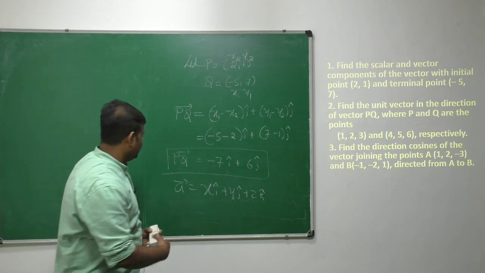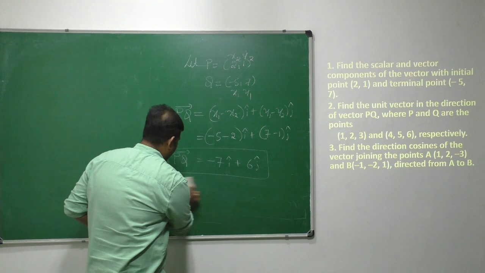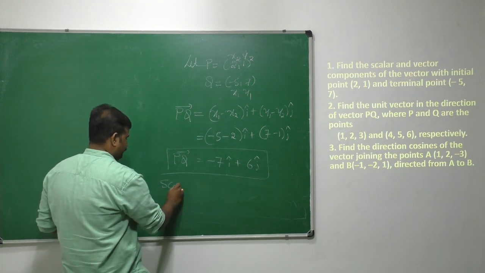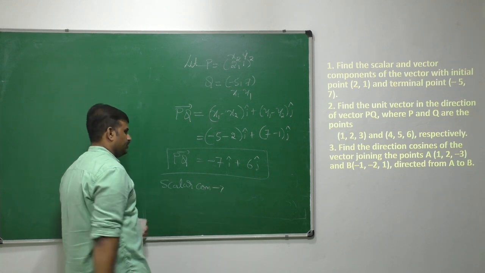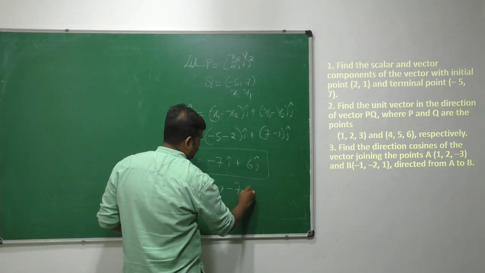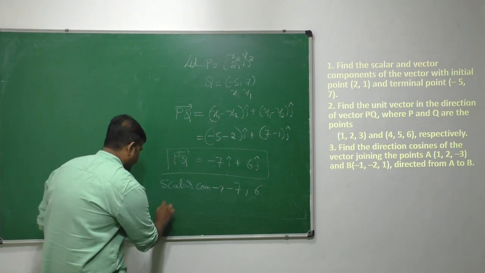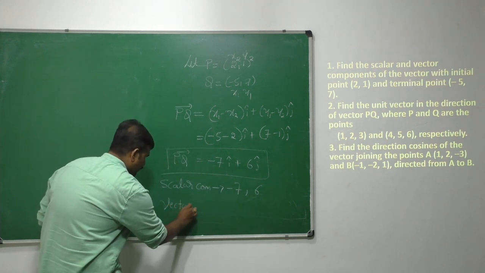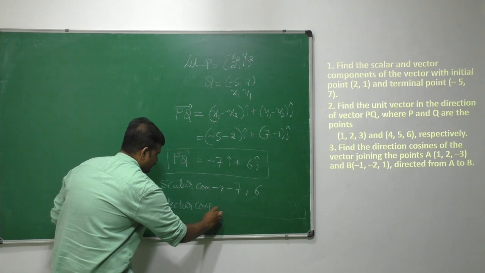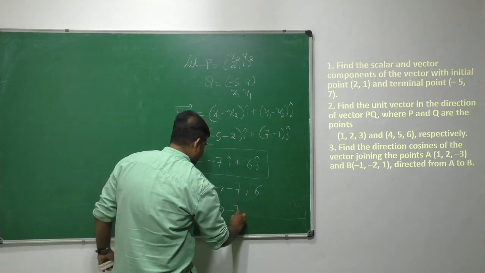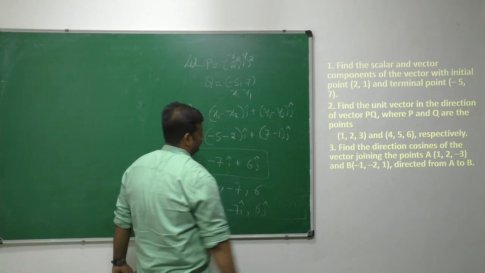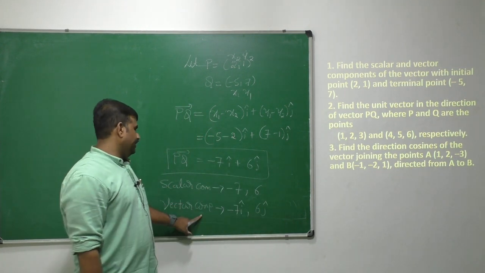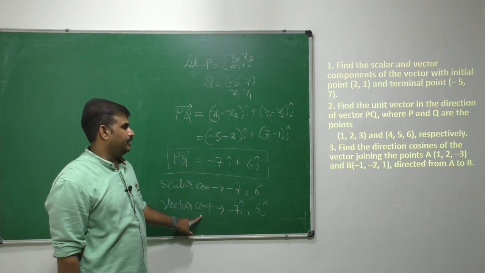So here the scalar components are minus 7, 6, and the vector components are minus 7 i cap, 6 j cap. This is the scalar component, this is the vector component.